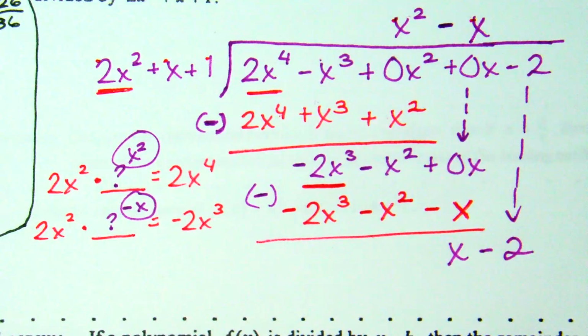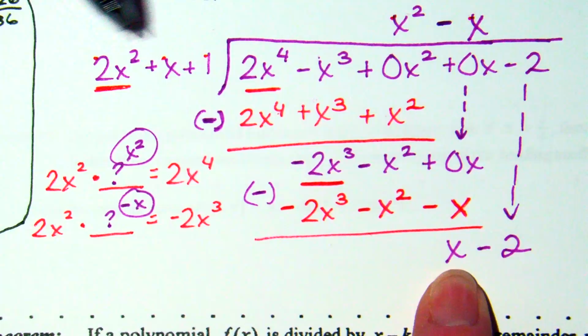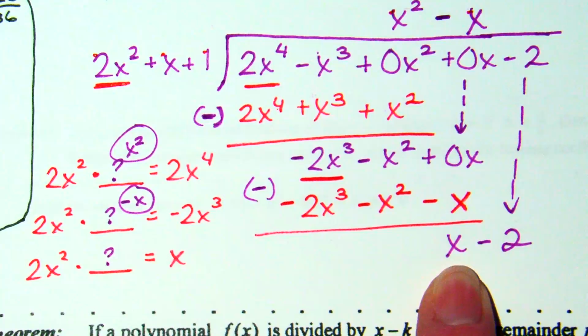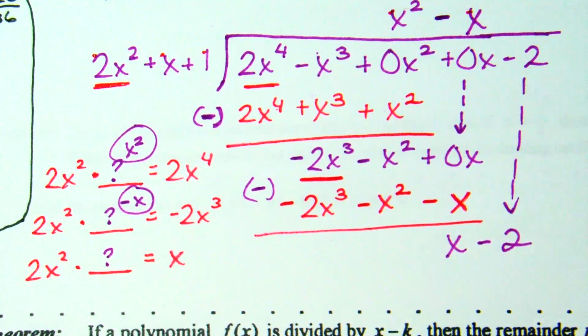And officially, we're repeating that same question one more time. This time it's 2x squared into, what's my first term? X. So 2x squared times what is x? Is there a polynomial or a monomial that works there? 2x squared times what is x?